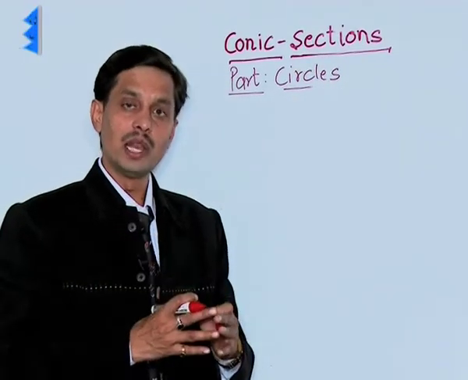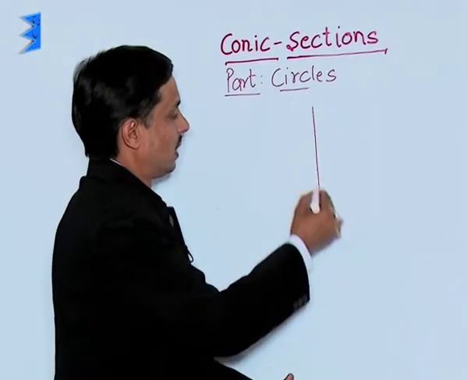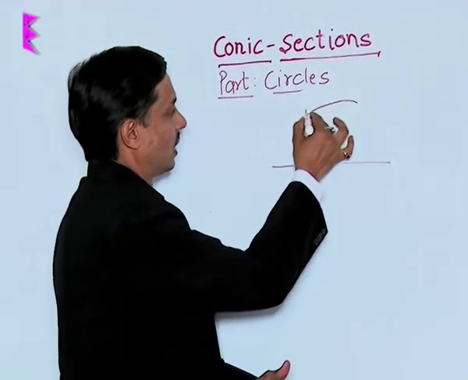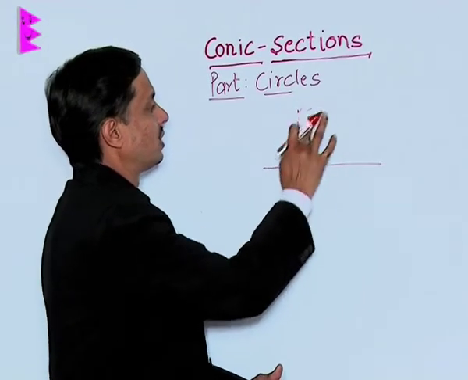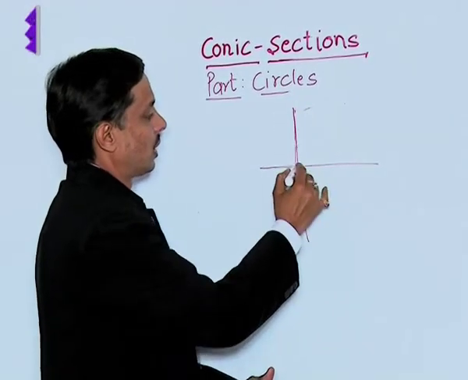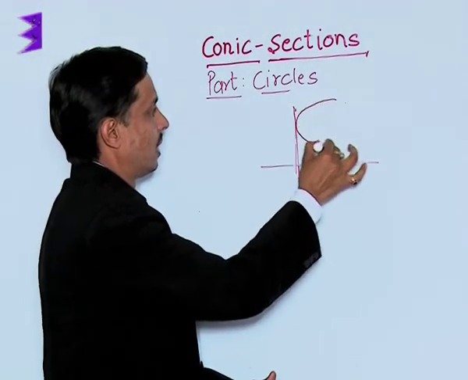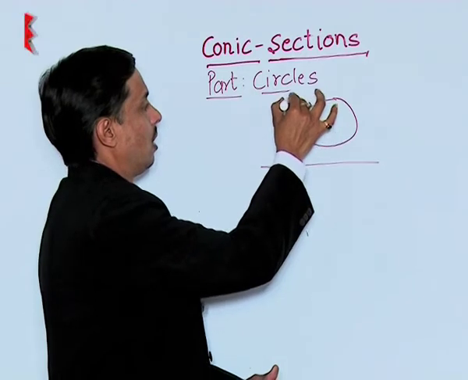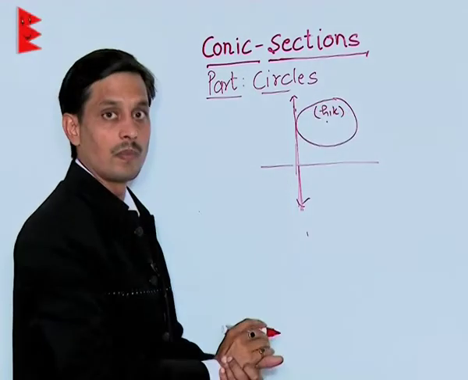Now I want to tell you, if a circle is touching the y-axis like this, there is a circle in the Cartesian coordinate system touching the y-axis, and the coordinates of the center are h comma k.